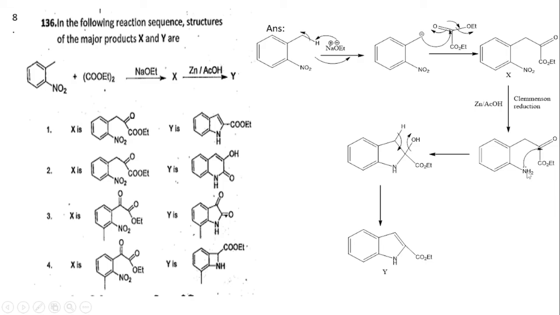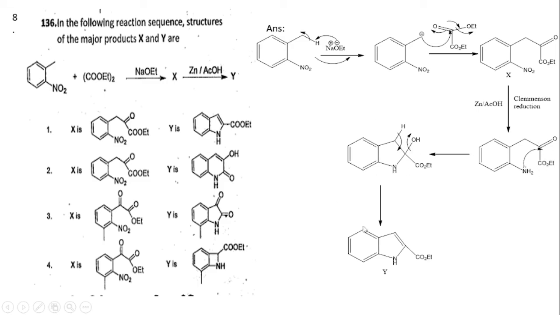Then after that, this amine will attack on this carbonyl because the carbonyl of this carbon is more reactive than the esters. Okay, so that is why this amine lone pair will attack on this carbonyl only, not on this carbonyl.